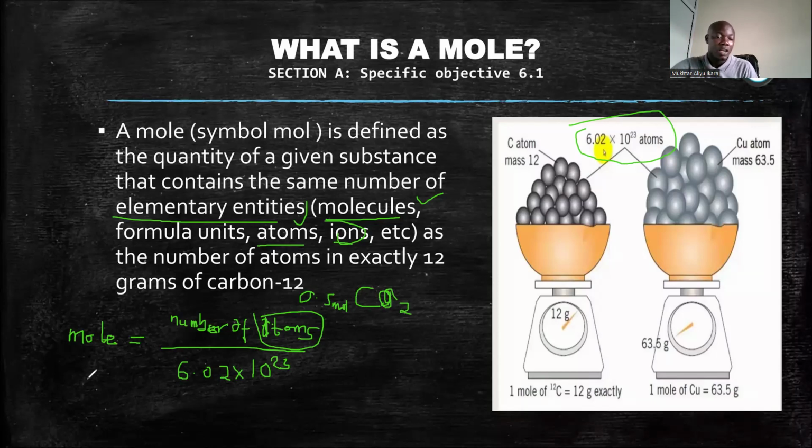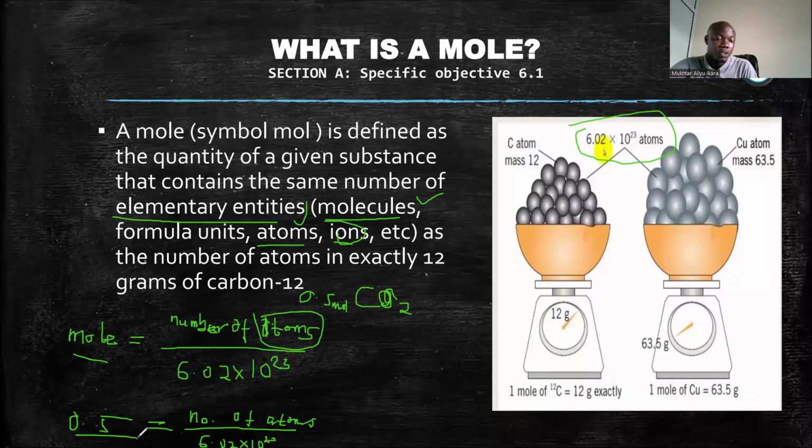We replace the mole with 0.5. So we now have 0.5 is equal to the number of atoms divided by 6.02 times 10 raised to the power of 23.